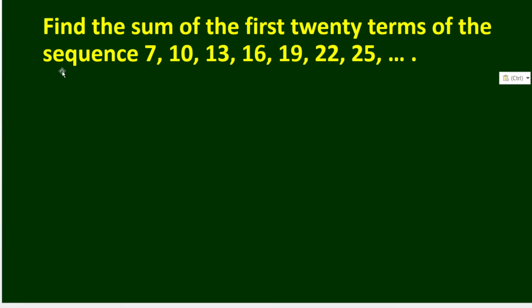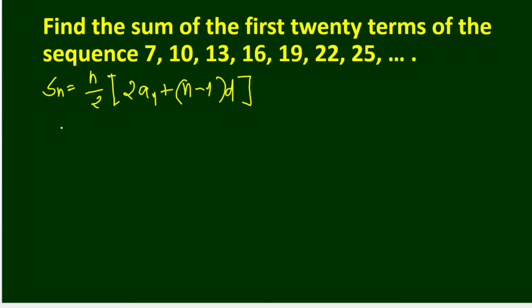So we have S sub n equals n over 2 times 2 a sub 1 plus n minus 1 times d. The sum of the first 20 terms is equal to 20 over 2.